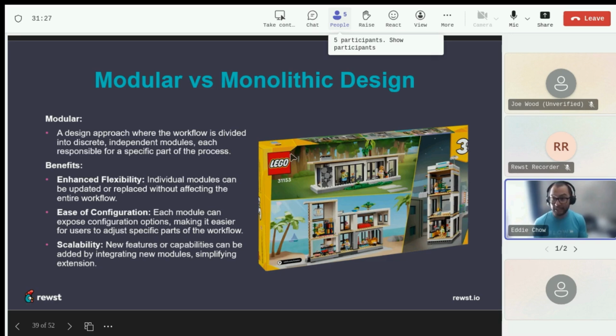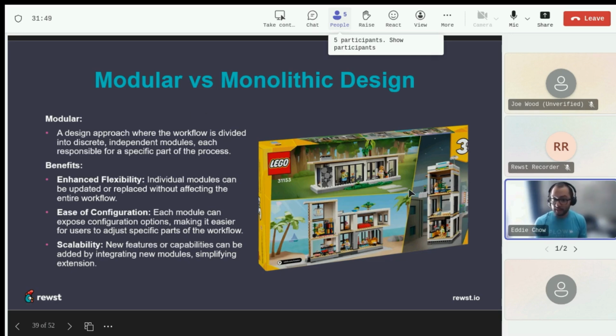But with modular design, all of the drawbacks are front loaded, right? We account for that in the beginning, knowing that all of the benefits of modular design are going to come at us as we build and as we deploy and run our automations.